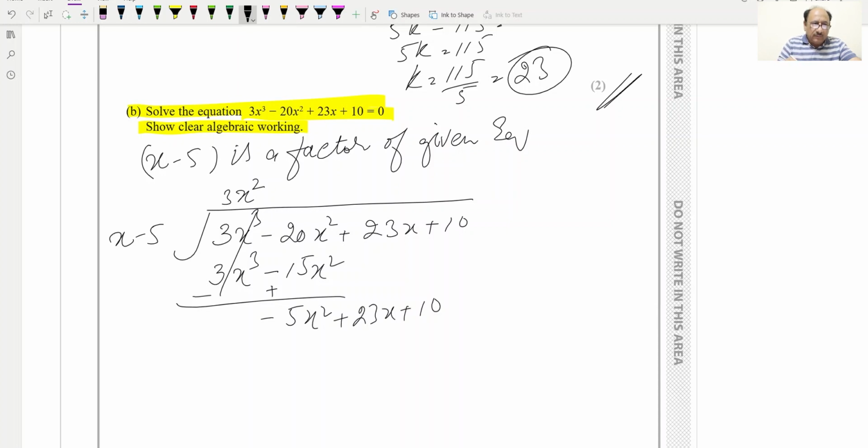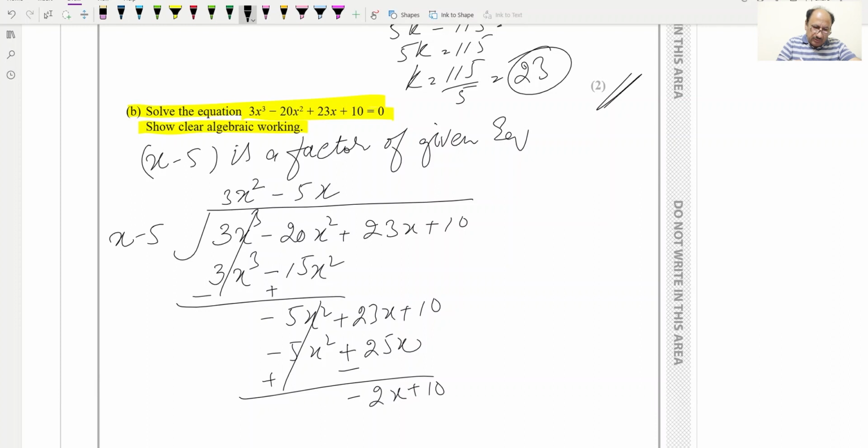Further we can divide it by minus 5x, so minus 5x will be multiplied by x minus 5, so it will be minus 5x squared, and minus 5 into minus 5 will be plus 25x, and now we can change sign, plus and minus will be gone, and this will be minus 2x plus 10.